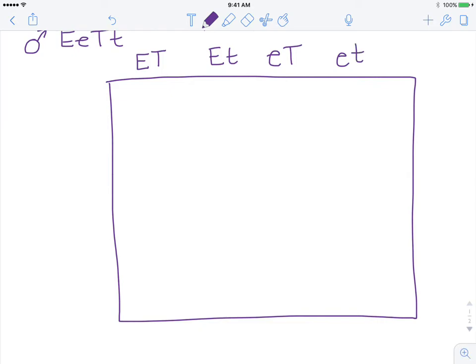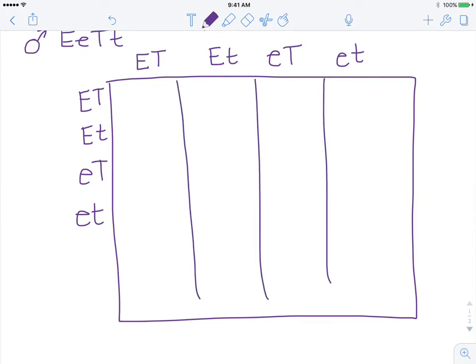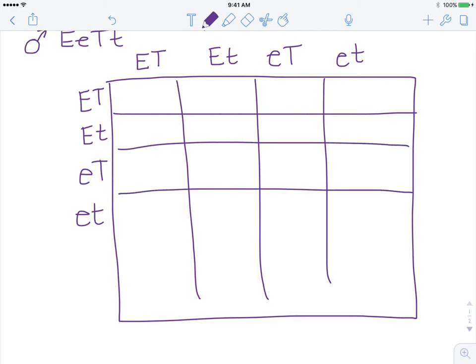And then we'll do the same thing along the side, because both of our individuals that we're crossing have the same genotype. I didn't spread these out very well, did I? All right, so draw our squares. Hopefully I can fit those in here.